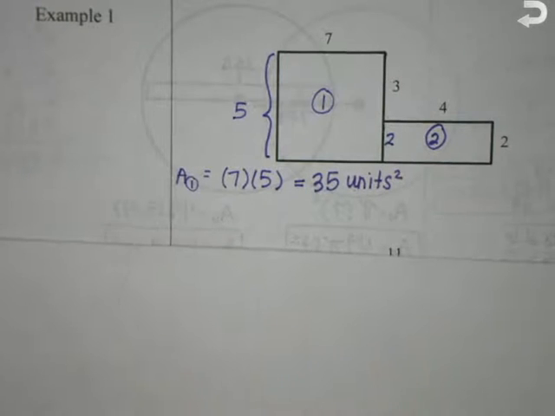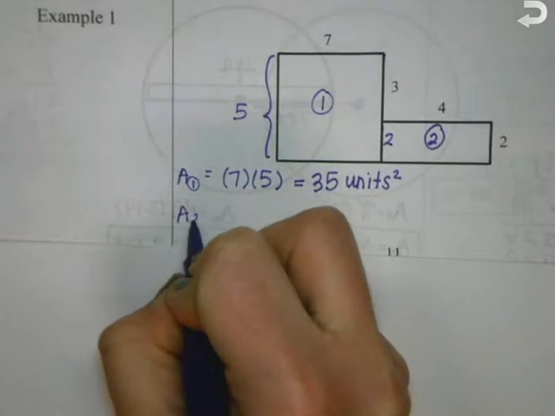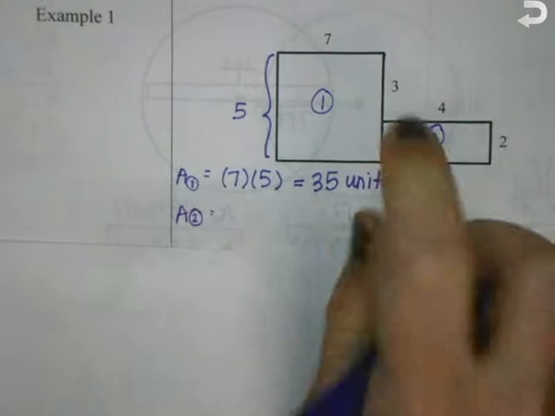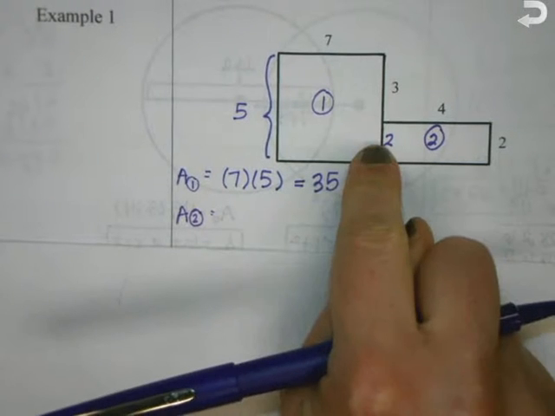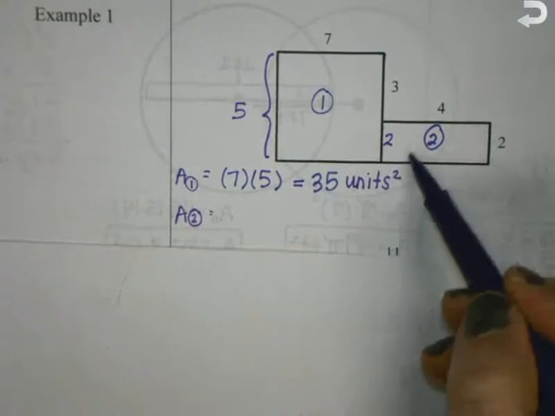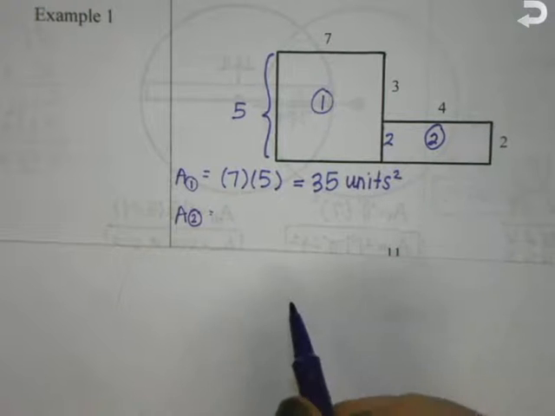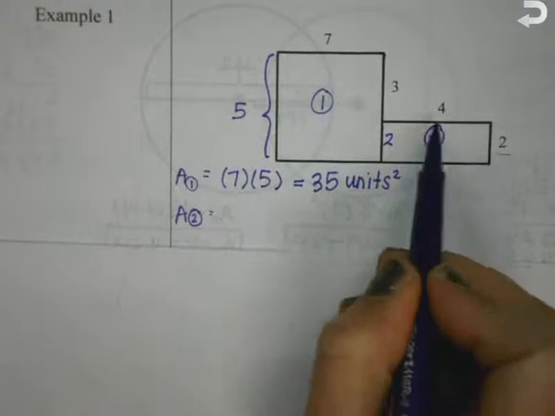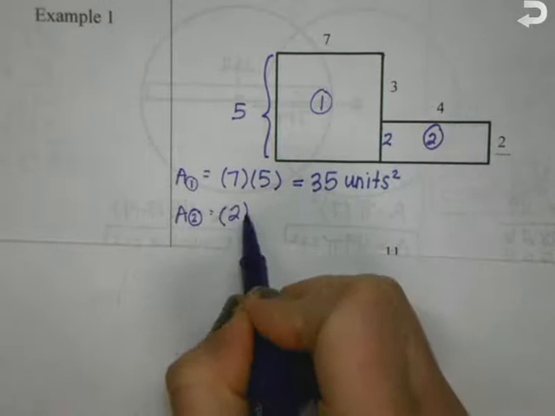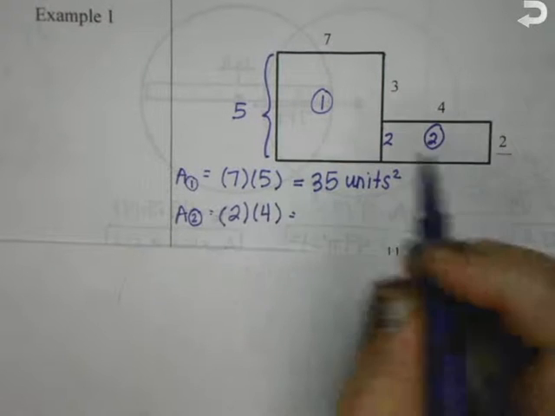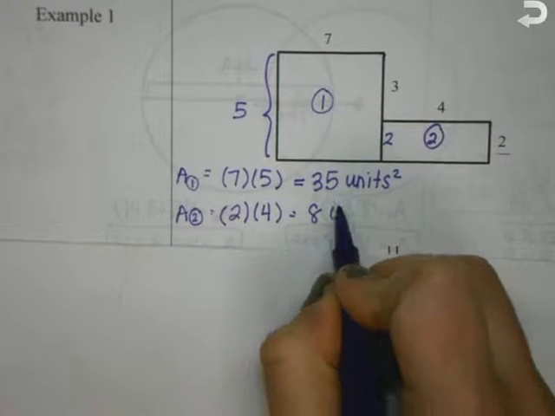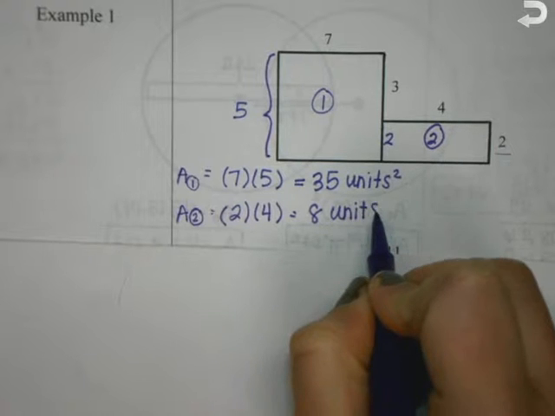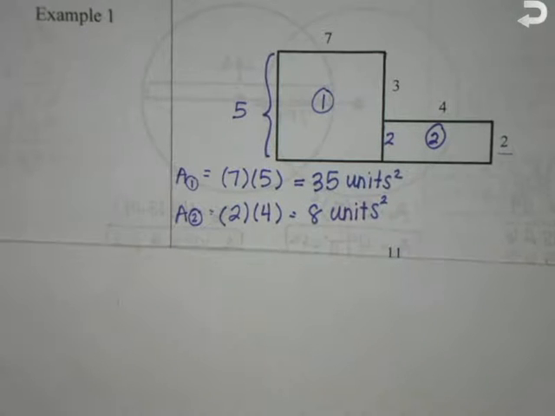Now that's only part of it. That's this part right here. I also need to find the area of this part, rectangle 2. So how would I find area of rectangle 2? 2 times 4. Which gives me 8 units squared. So I found the area of this part.